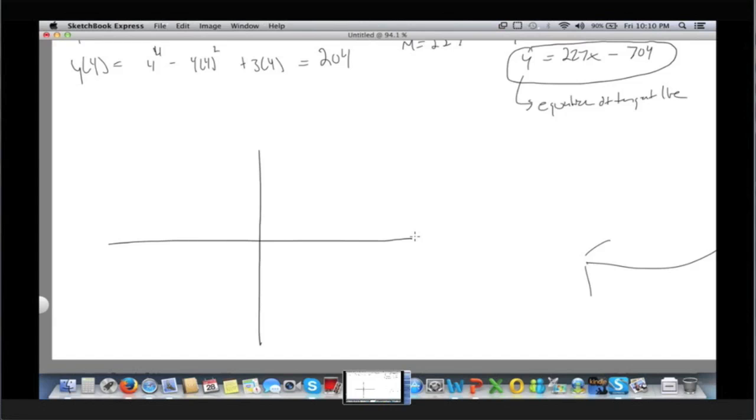Okay, so the function was e to the x, one plus... cool. And we're interested in x.